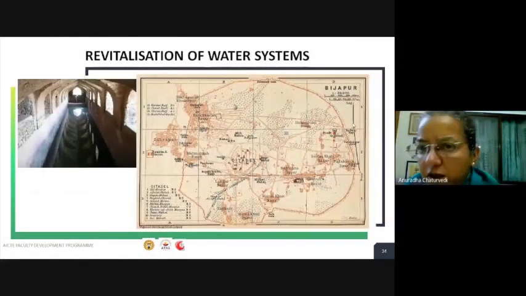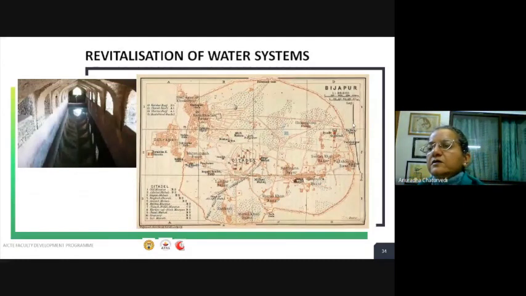So when we come to a discussion on protecting and safeguarding the cultural and natural heritage, which is part of achieving sustainable development goal number 11 related to sustainable cities and communities, it has to be recognized that many of these medieval cities were actually ahead of their time.